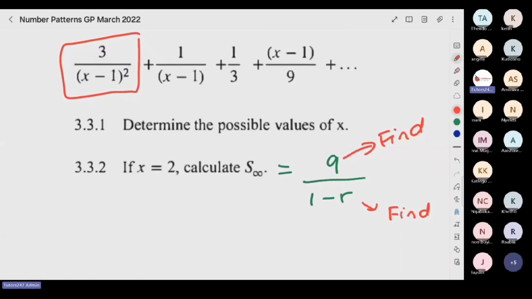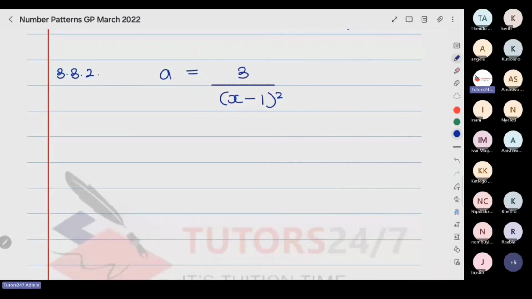So let's start. The first term is 3 over (x minus 1) squared. So 3.3.2: a is equal to 3 over (x minus 1) squared. We know that x was given as 2, so in place of x, we substitute 2. We put this into our calculator. I think it should give us 3, but let's double check.